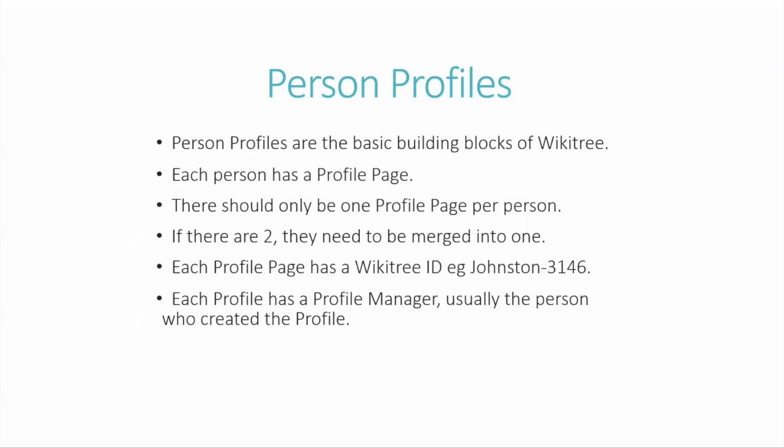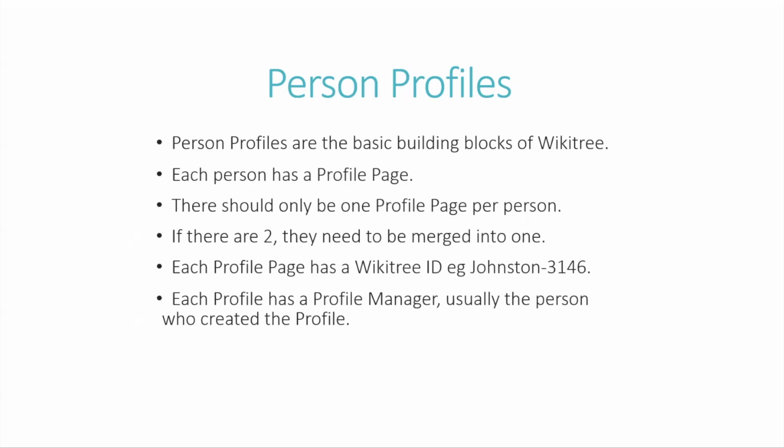And each profile has a profile manager, and that is usually the person that created the profile. But in time, those people may have left Wikitree, or they may have died or whatever. So there's a concept of orphaned profiles, and they encourage you to adopt profiles if it's an area or a person that you're particularly interested in.